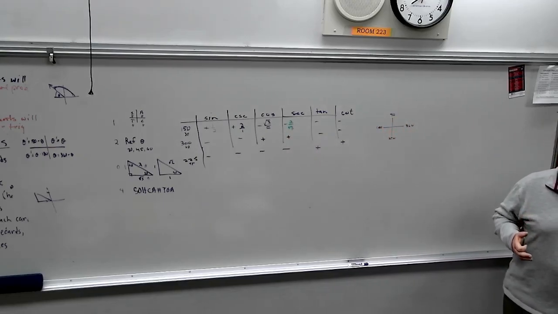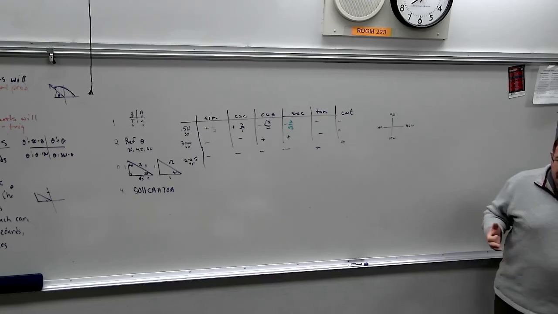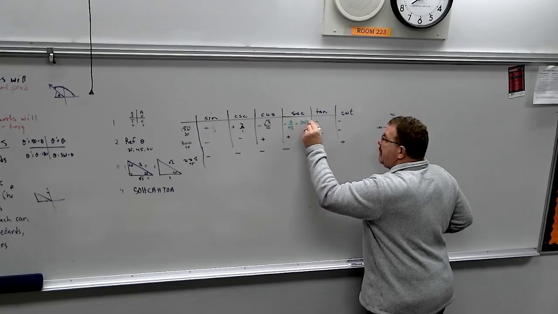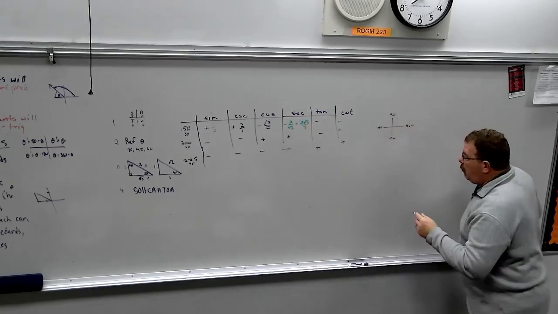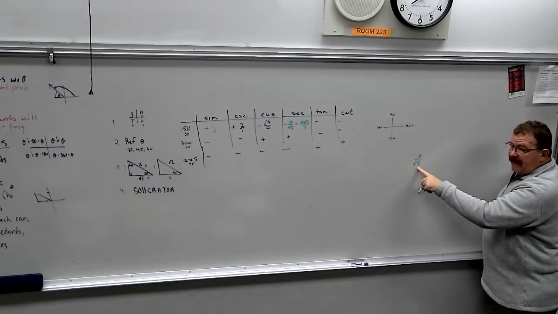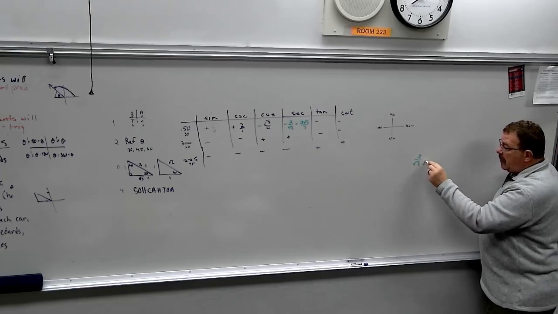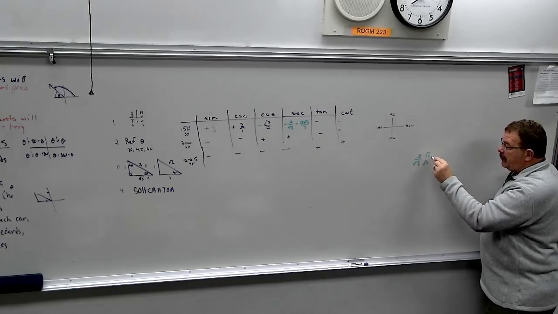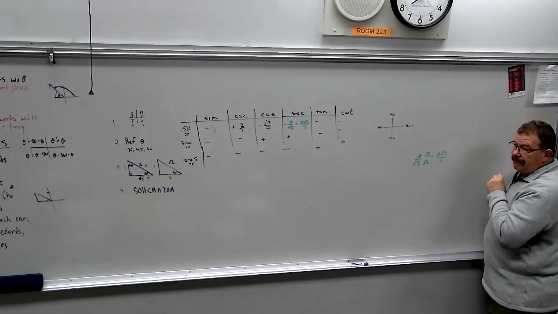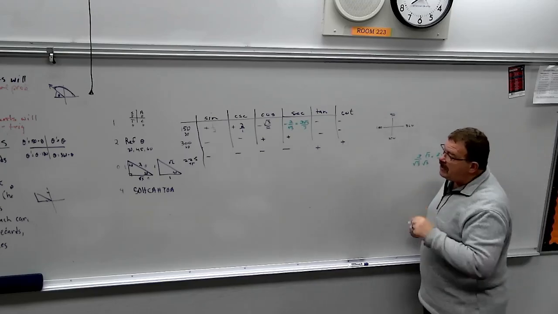You should start to be able to do this in your head. 2 root 3 over 3. Let me come off to the side and show you. I don't want to do this on every single problem, but we can't have a radical in the denominator. So all I do is multiply top and bottom by root 3. So I get 2 root 3 over 3. What would tangent be?